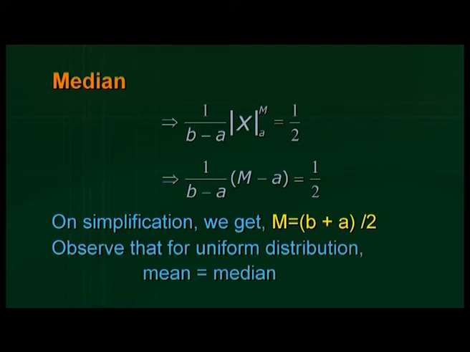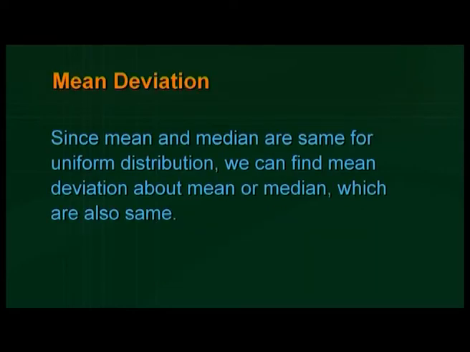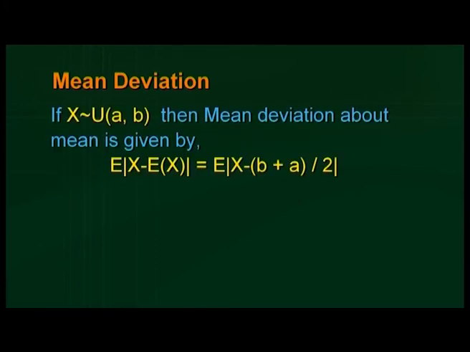Observe that for the uniform distribution, mean is equal to median. Since mean and median are the same, we can find the mean deviation about mean or median, which are also the same. If x follows uniform (a, b), then the mean deviation about mean is given by the expectation of |x minus E(x)|, which is equal to the expectation of |x minus (b plus a)/2|.